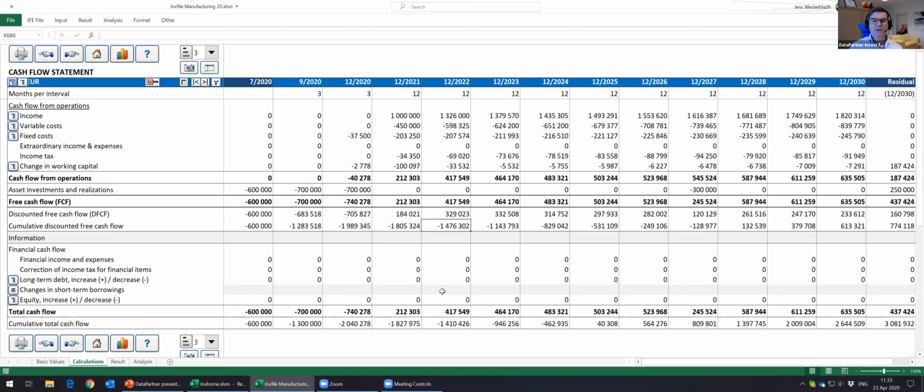So we are still 1.5 million negative, but it develops slowly in the right direction. And I can already now see that in 28 it has paid itself back, and we start generating added value, positive net present value, and the net present value will be 774,118. This looks very good.